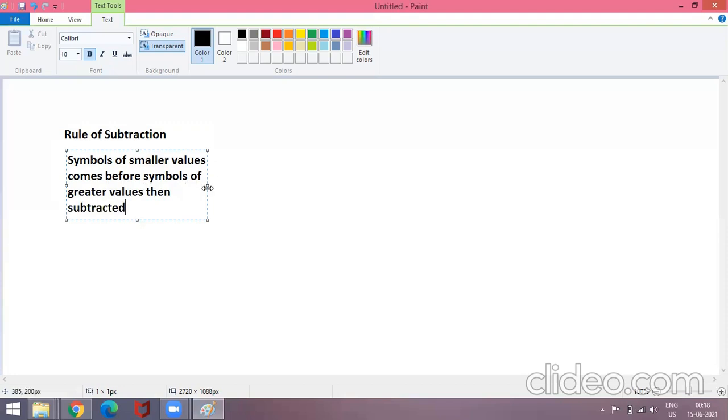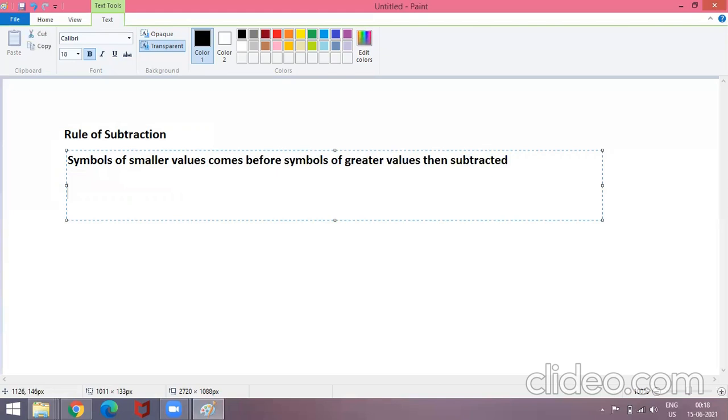Shall we see some examples for the same? Okay. Now we will see some examples. One is IV, one more is IX, and XL.